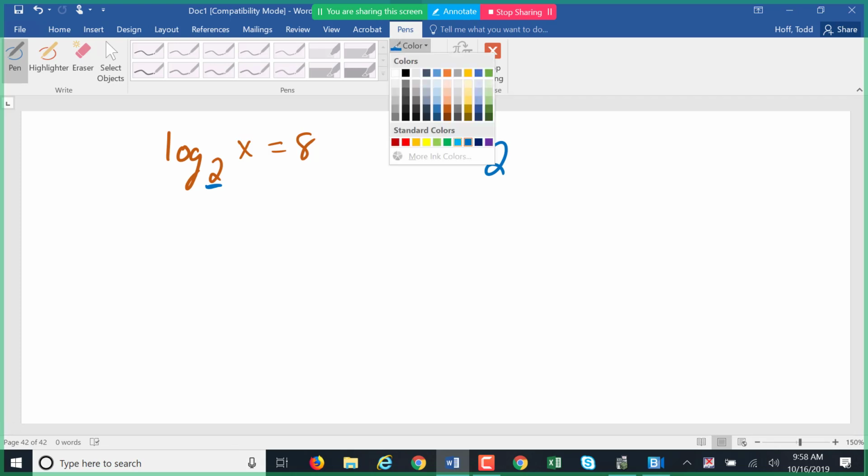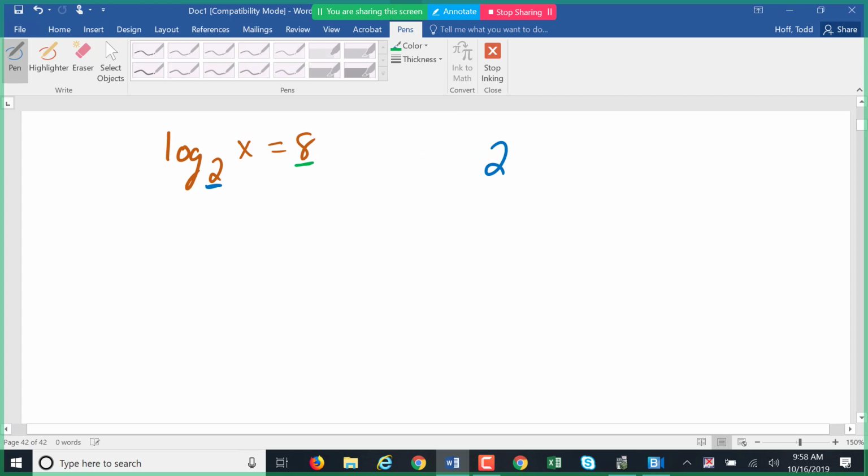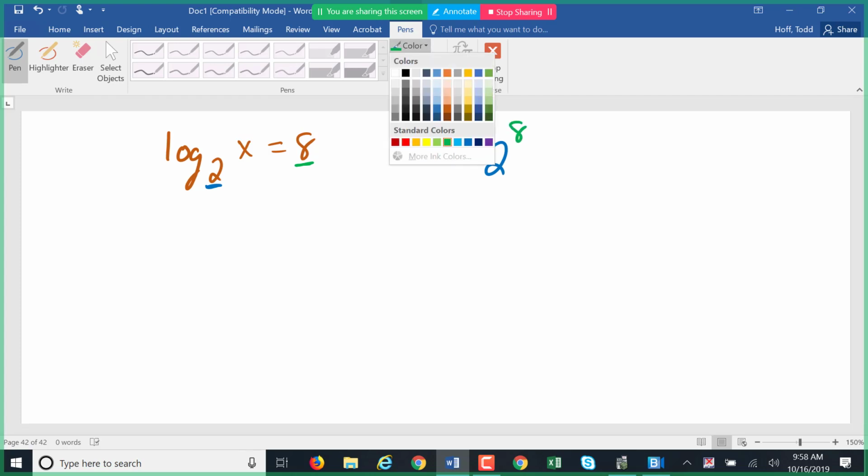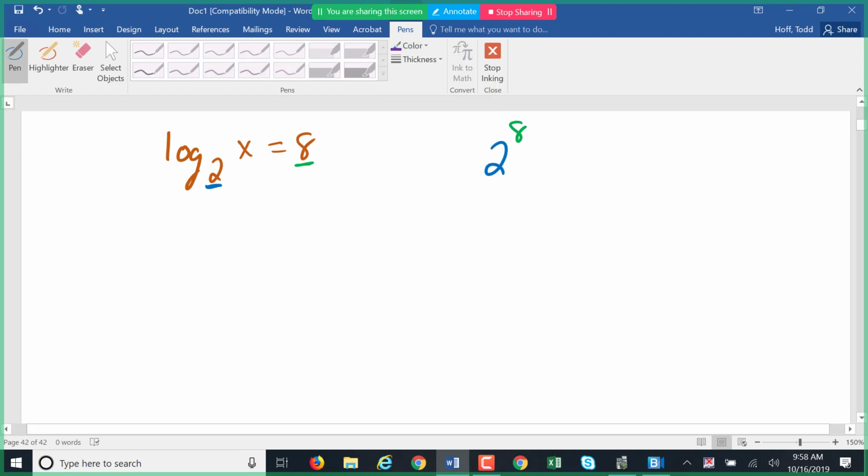The solution of the log is always the power of that exponential. Then the object of my log is always the result of that exponential. So log base 2 of x equals 8 is equivalent to saying 2 to the power of 8 equals x.